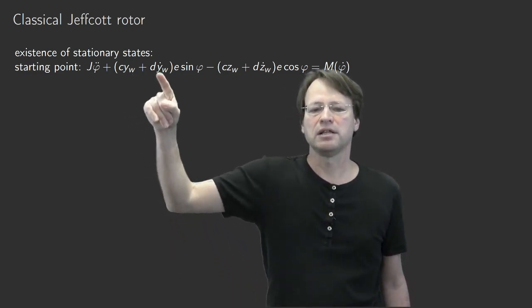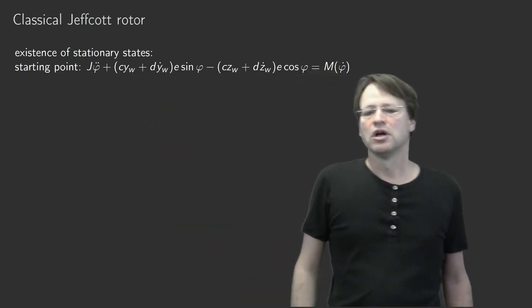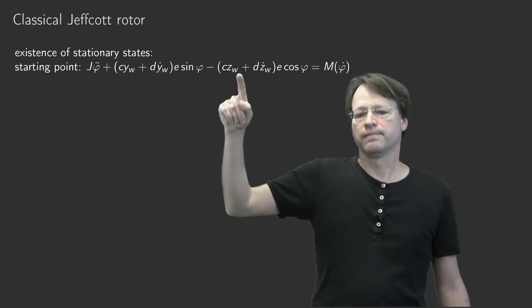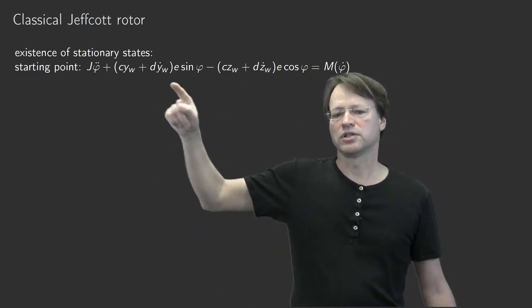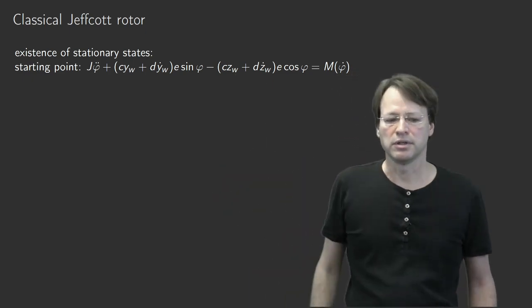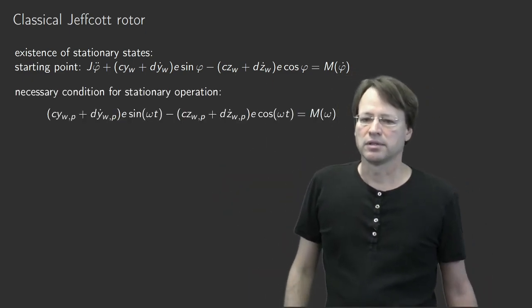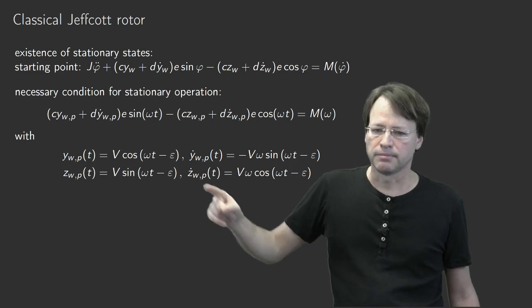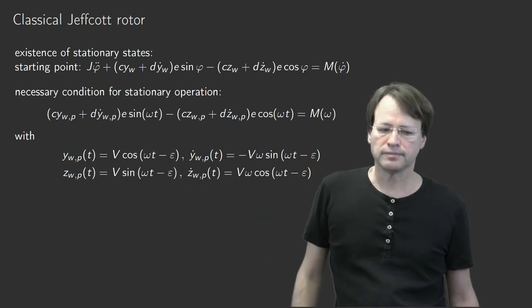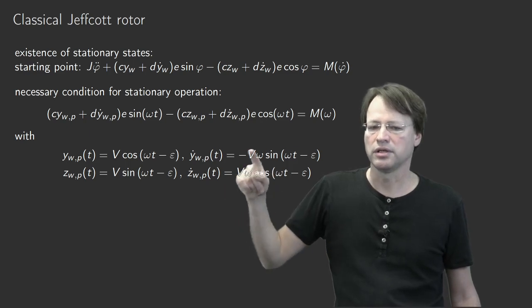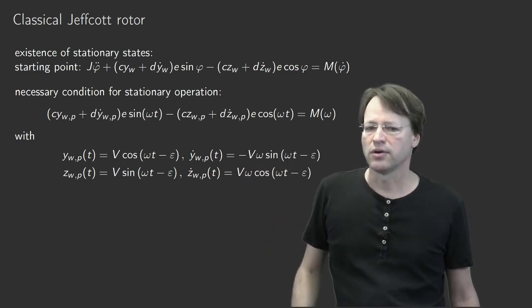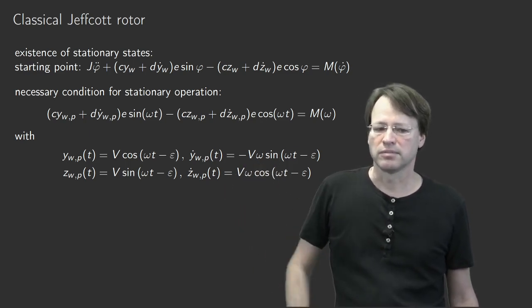And then we plug in the particular solutions for the displacements of point W and for the velocities of point W. So with these particular solutions, and after division then, as you can see, all these particular solutions contain the term V.